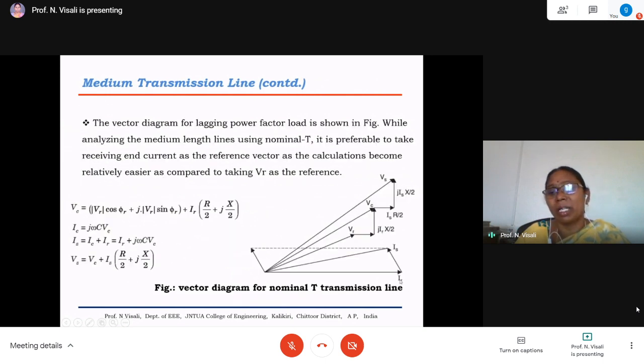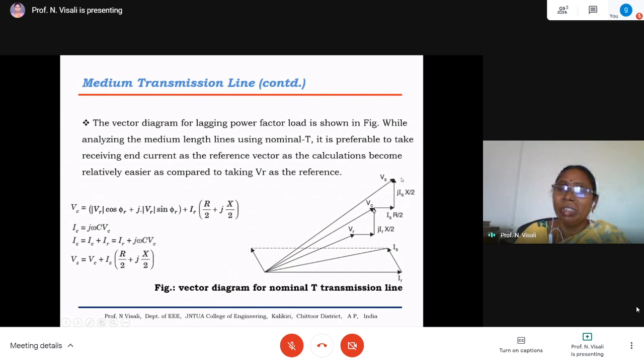So like this, they have calculated the vector diagram.